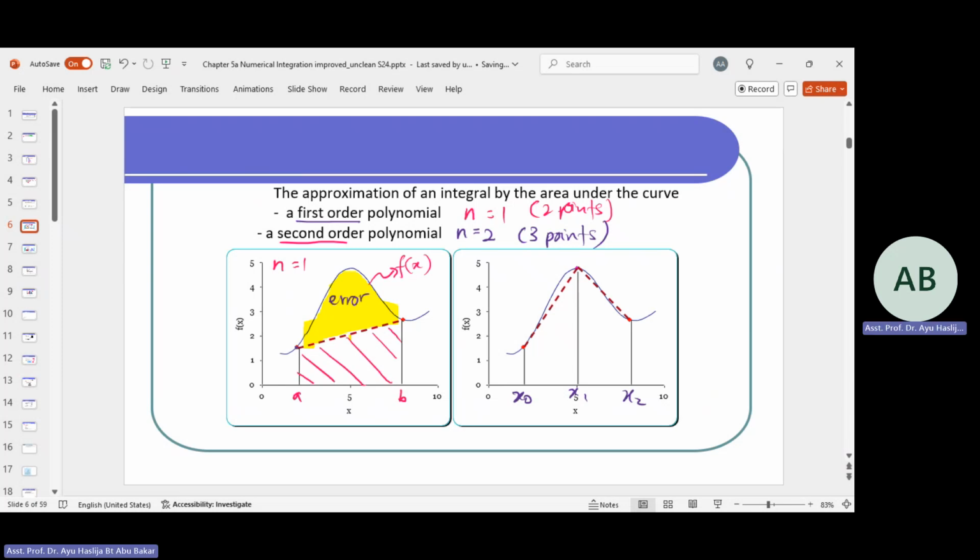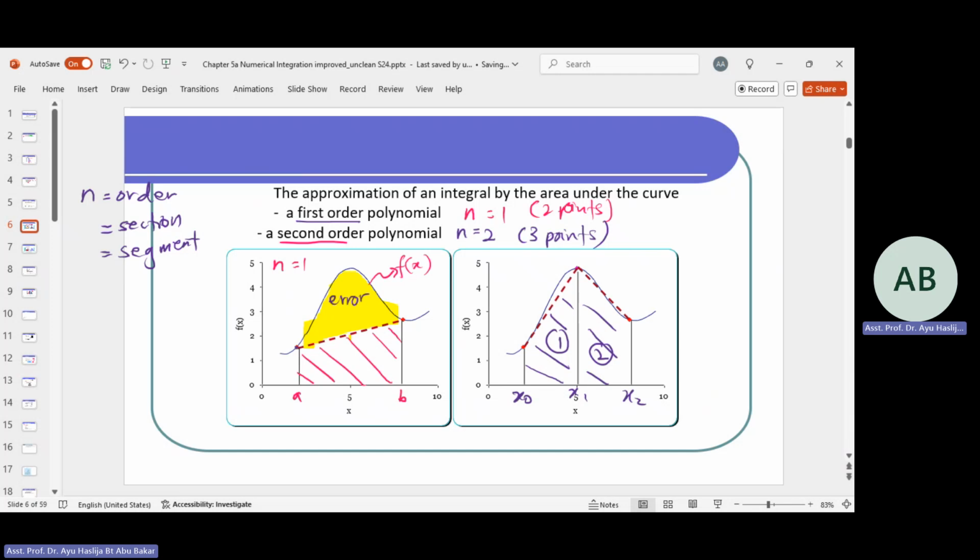Now, n is the order, and n also equals section, also equals segment. So n equals 2 means it has 2 segments. 1, 2.